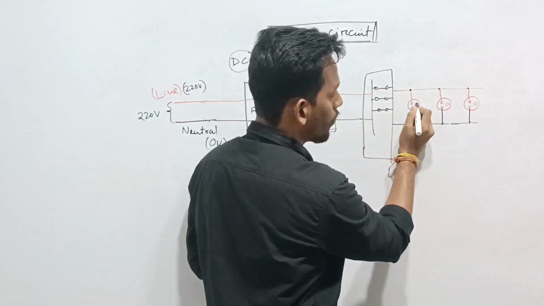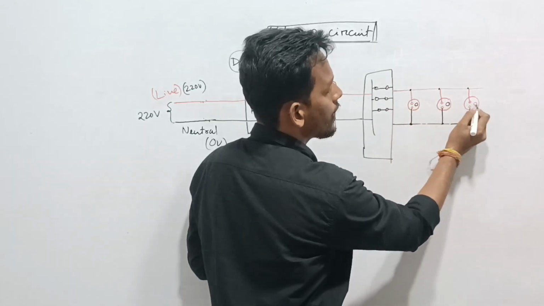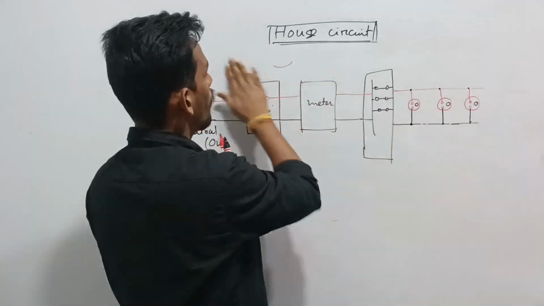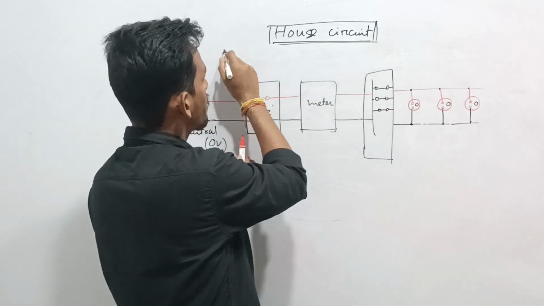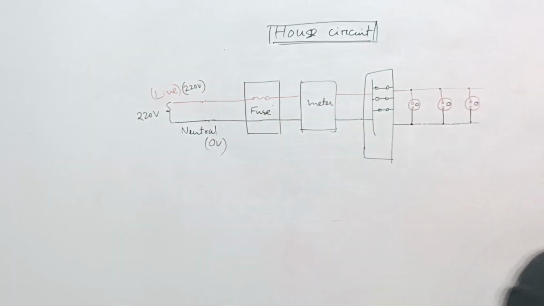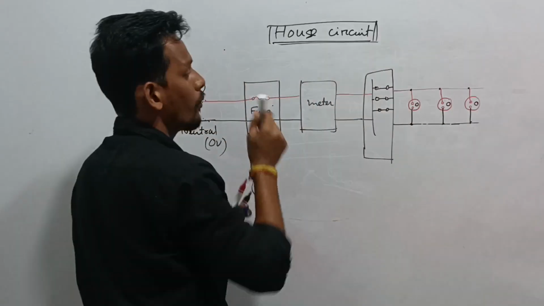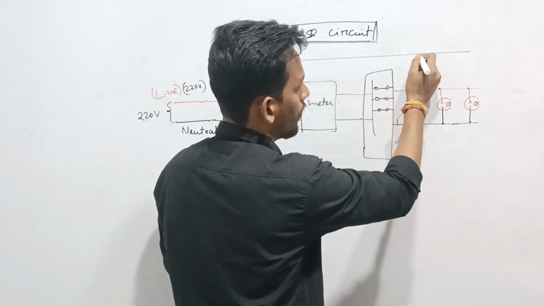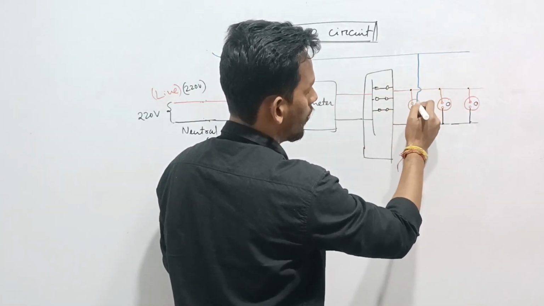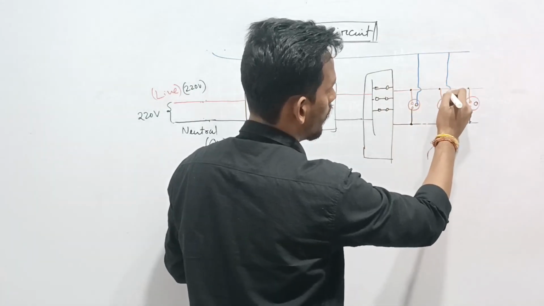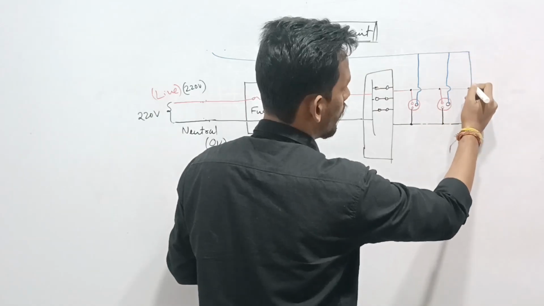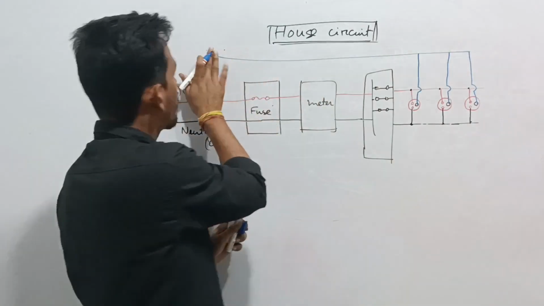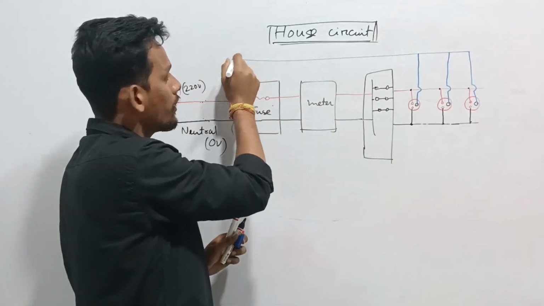Now this hole is considered as the earthing. Earthing means one wire with green insulation, another wire, is connected to the earthing. Now this wire will go into the ground, inside the soil.